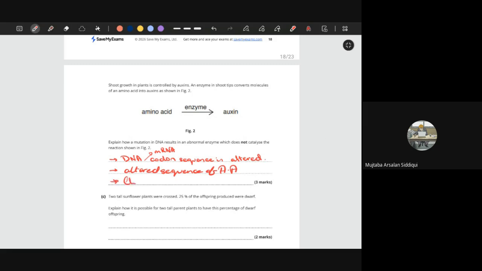Which changes the structure of the protein or enzyme, rendering it useless.